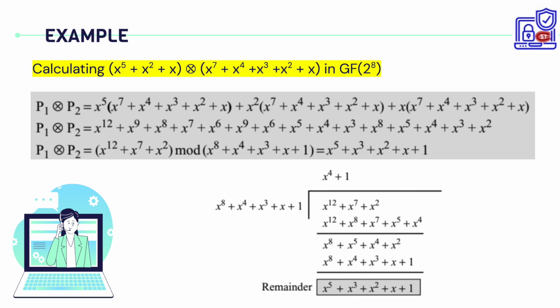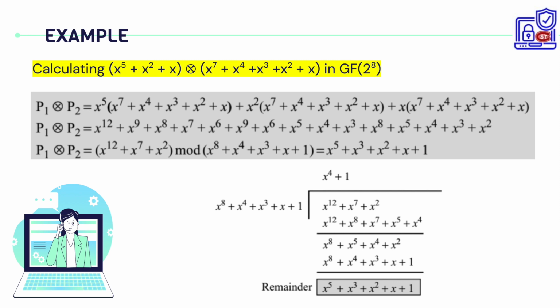From there, we can still divide it by x^8 + x^4 + x^3 + x + 1 one more time to get 1, and do our subtraction thing to cross out the common elements and keep the uncommon ones to get the remainder.